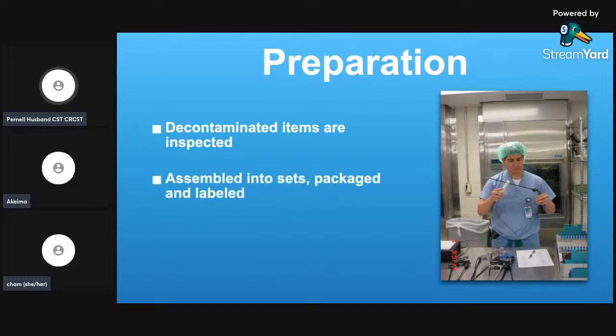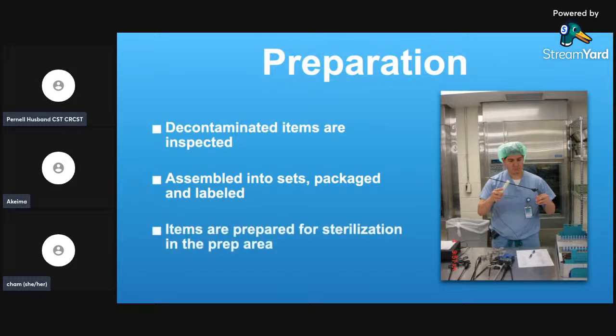So decontaminated items, after they've gone through the cleaning process, the complete decontamination process, are inspected, assembled into what we call sets. They're packaged and labeled in the prep area. You see the machine behind the technician there?